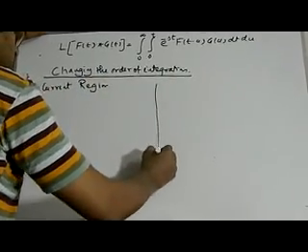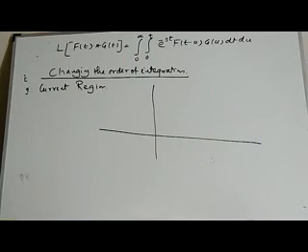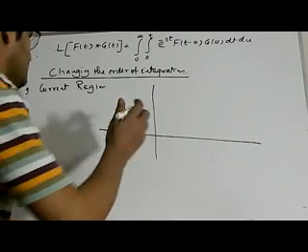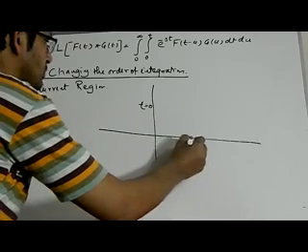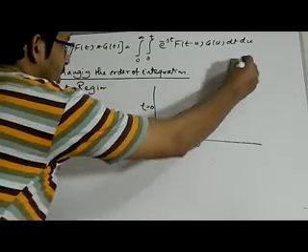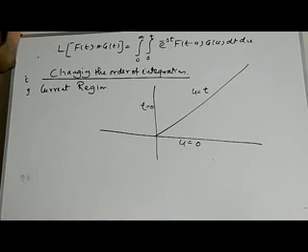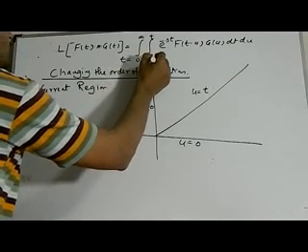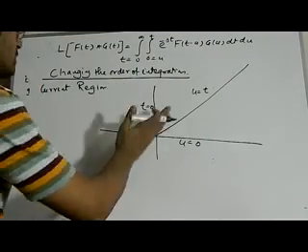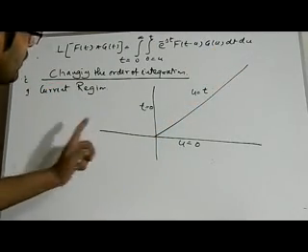Let us draw this region. If I am drawing this region, I take this as my t equal to 0 axis and this as the u equal to 0 axis, and then this is the line u equal to t. These are the limits of t and these are the limits of u. So this is the line u equal to t. Now t is varying from where to where? 0 to infinity.